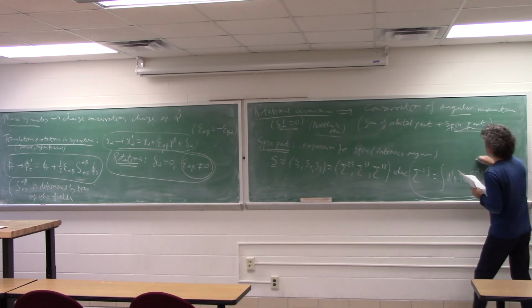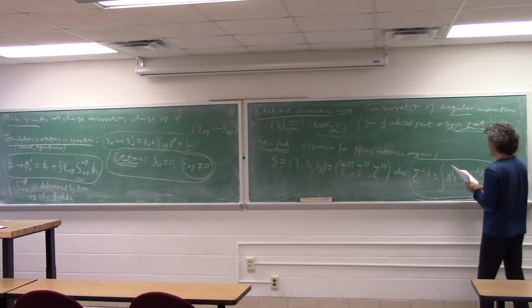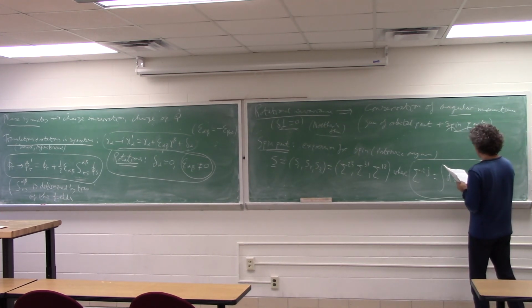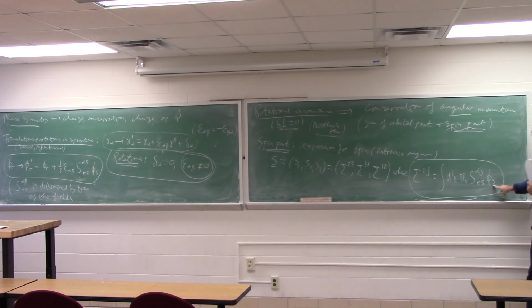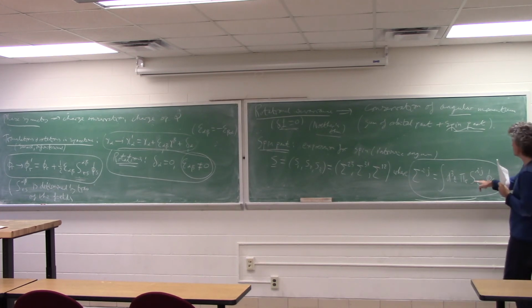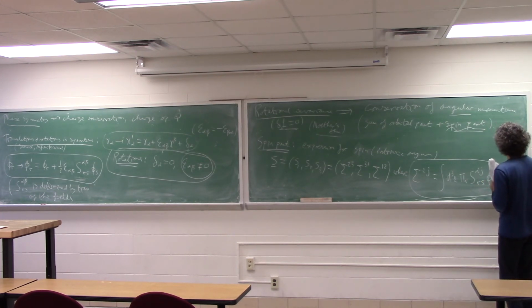So I have an integral over all space of the canonical momentum density of the r field. Then I have this matrix S_ij^{rs} times the field phi with component s. And of course here you're summing over r and s.